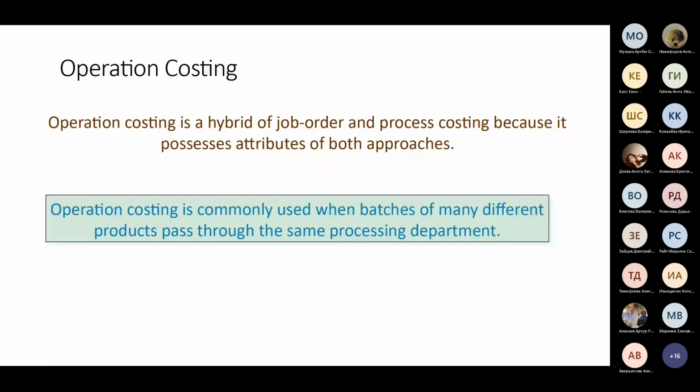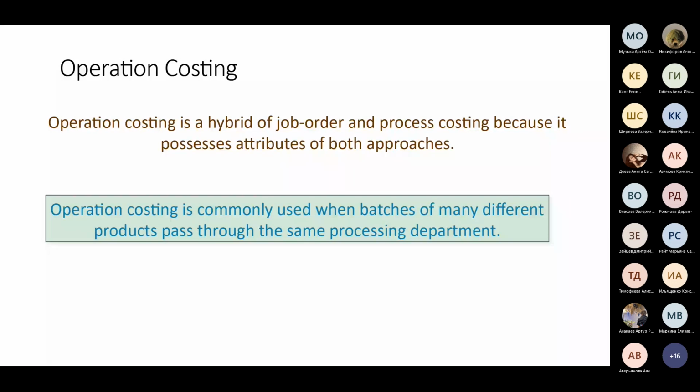For example, we produce yarn. We use wool, we use cotton, we use viscose to produce yarn. Maybe we use them in special proportions, maybe in pure content, but still the production process is really similar.